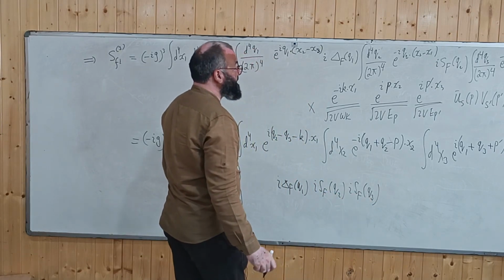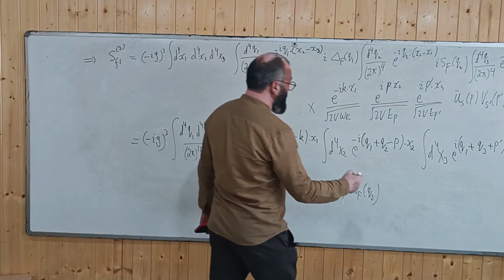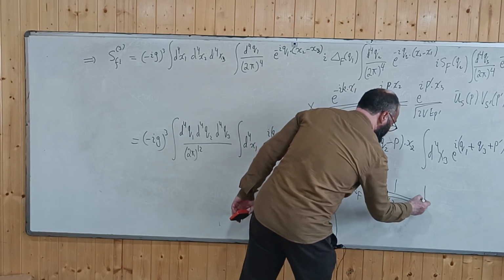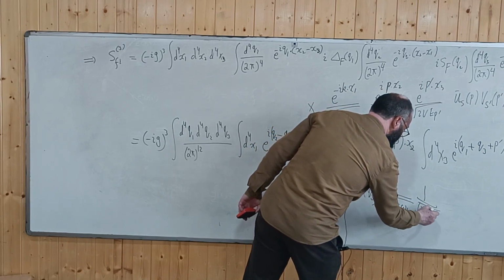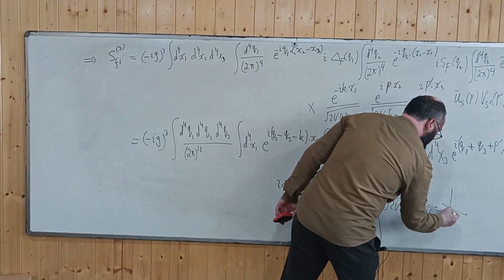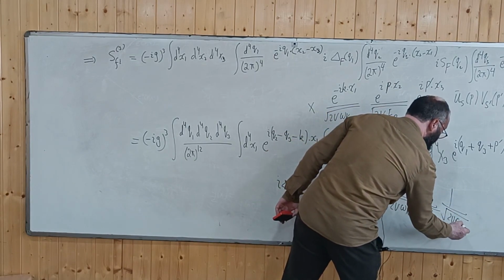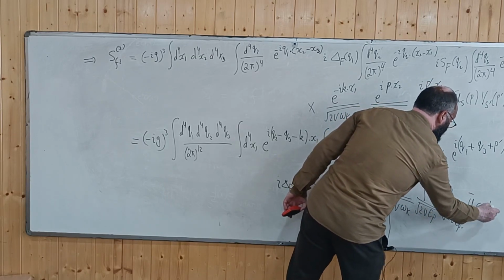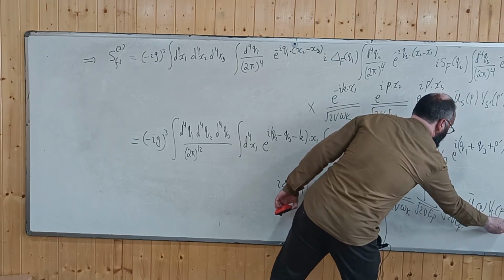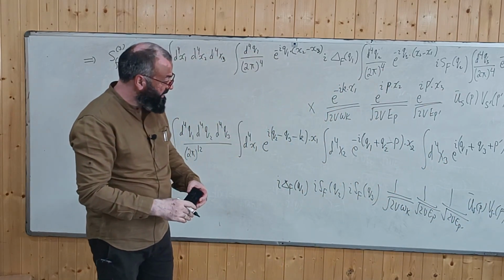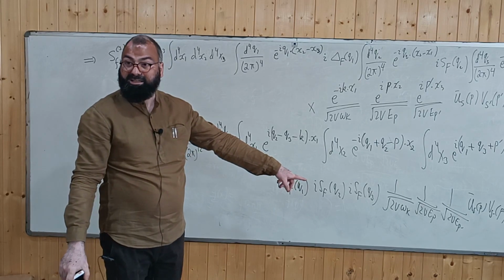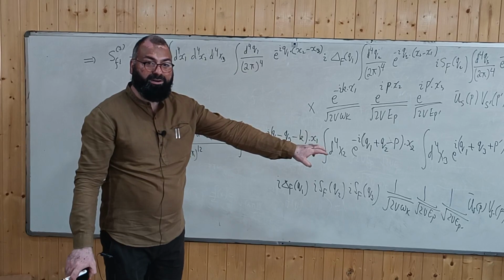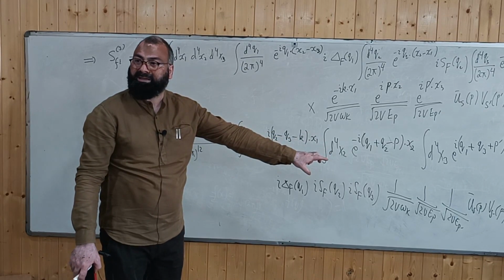Clear? So what remains there else? All these factors: 1 divided by root of 2 V ω_k, 1 divided by root of 2 V E_p, 1 divided by root of 2 V E_p prime, and then ū_s(p), v_s'(p'). These are the kinematical factors arising, and then you are having the functions for the external fermions and antifermions.